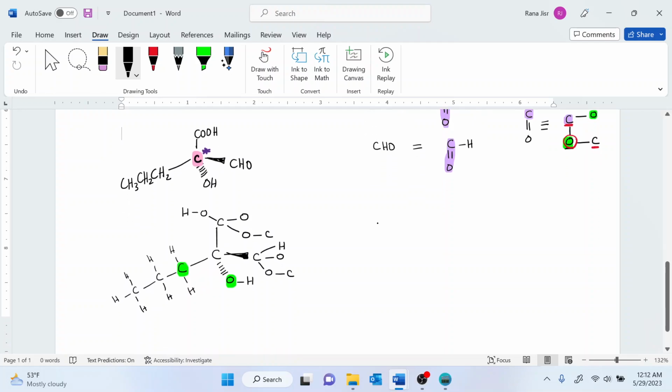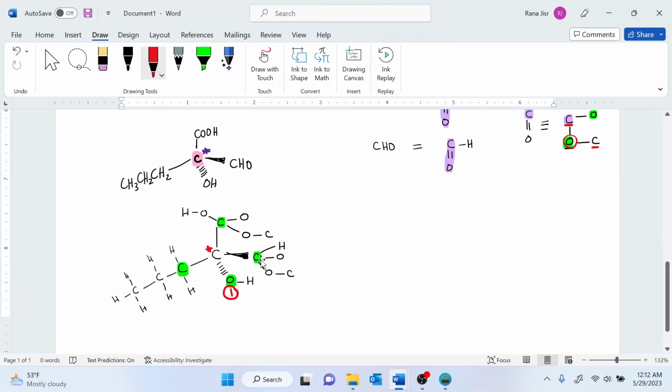Now, after I do this, I'm going to go one element at a time. My chiral center here is connected to an oxygen, to a carbon, to another carbon here, and to another carbon there. So you can easily see that the oxygen is the highest priority among all, so this is going to be priority number one, because it has the highest atomic number.